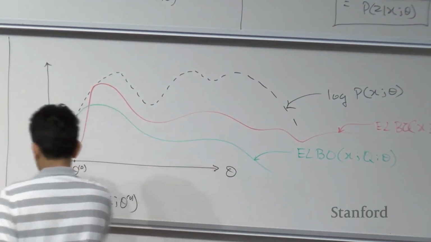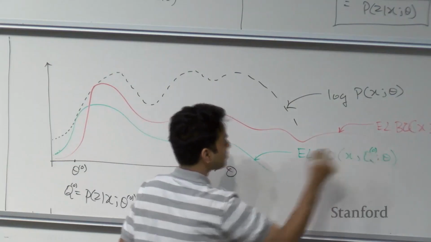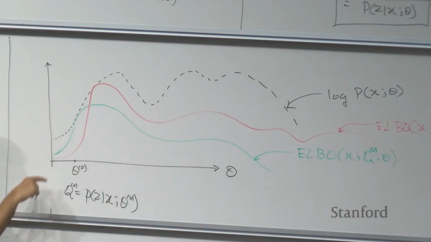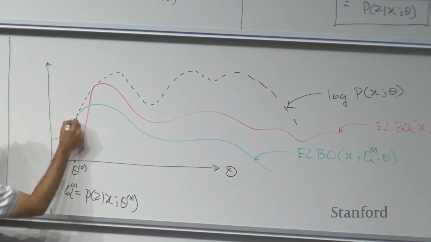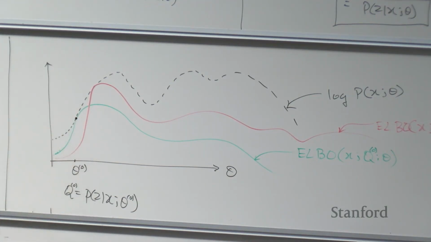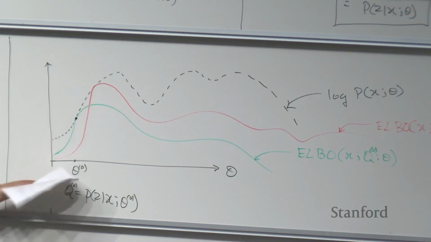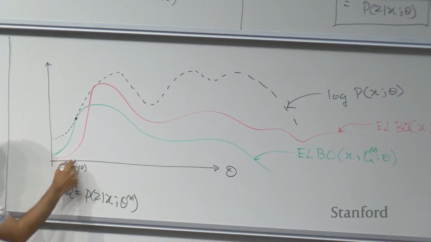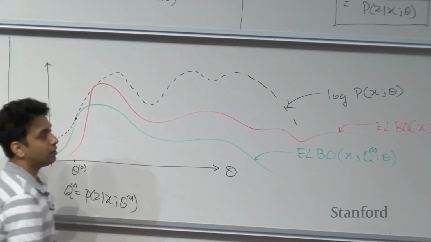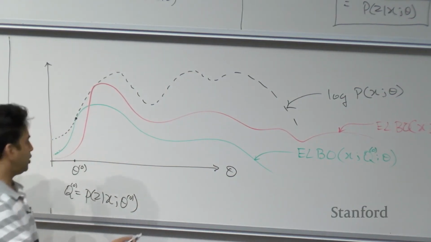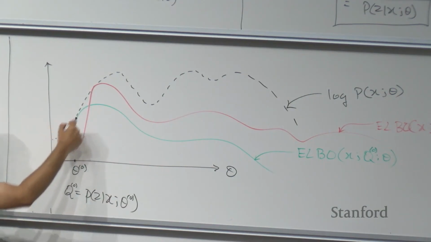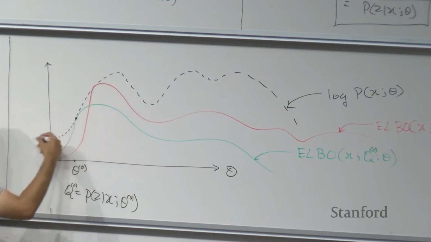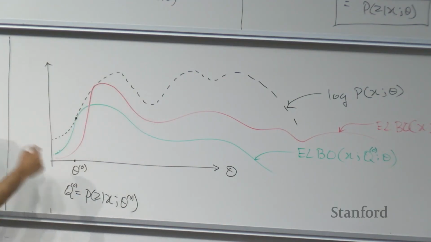Supposing this is the ELBO for q0, then it tells us that the ELBO value equals log p of x at this value of theta, which means the ELBO touches log p of x at theta 0. When we are at theta 0, if we construct an ELBO using q as the posterior distribution with that parameter value, then the ELBO will be tight with respect to the invisible goal that we are trying to maximize at that value of theta.